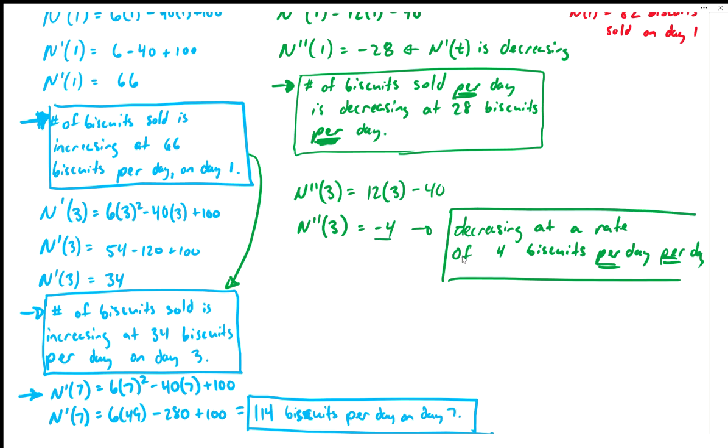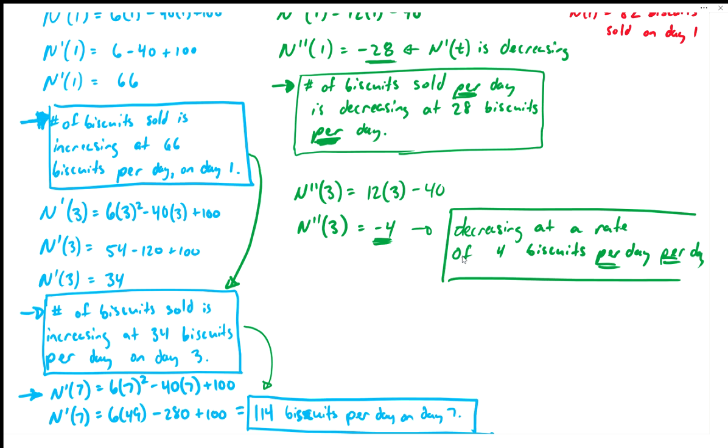However, again, comparing this number negative 4 to negative 28, well, negative 4 is not as negative as negative 28. Again, it's trying to help with a predictor. And so we can see, from the first day to the third day, there were fewer biscuits sold per day. But this negative 4 is again trying to predict.